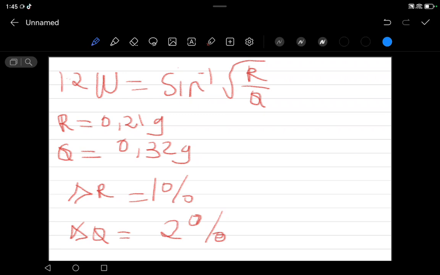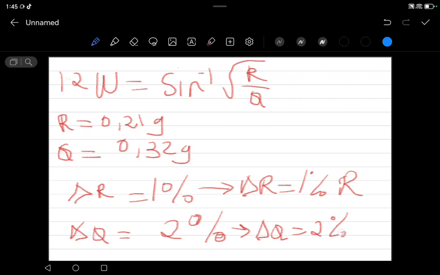When we are given the absolute error in percentage, this is what we do. We multiply the percentage with the value of R. So our change in R here is going to be 1% multiplied by R. Then the change in Q equals 2% multiplied by Q. So every time you are given your absolute error in percentage, you multiply it with the value of R or Q. Did you get it?